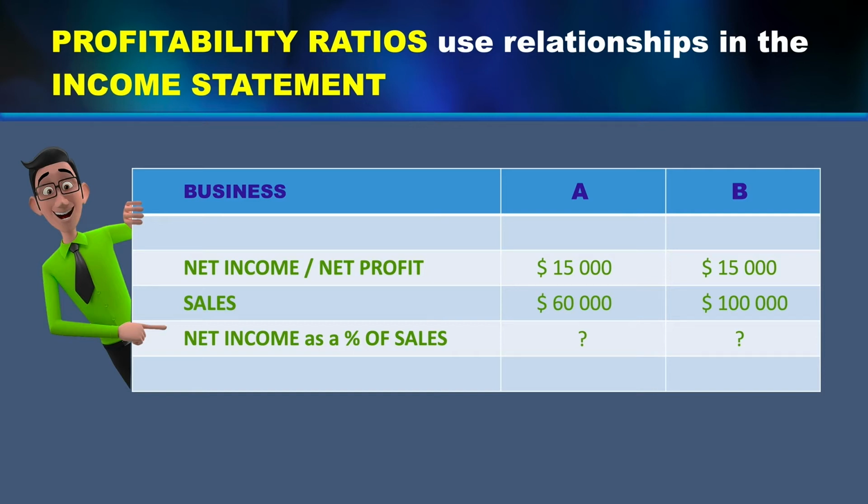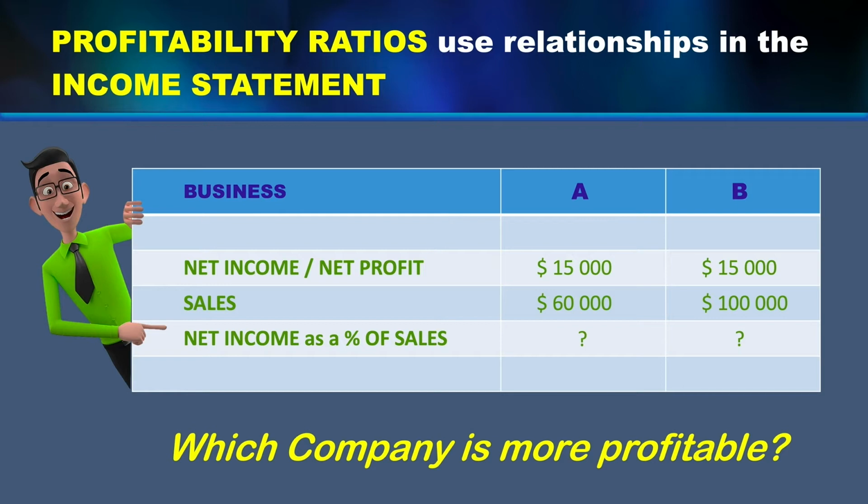But then when you look at their sales figures, you would see that business A made $60,000 in terms of sales revenue, whilst business B made a greater amount in terms of sales revenue, $100,000. Which business would you say is more profitable looking at the figures?